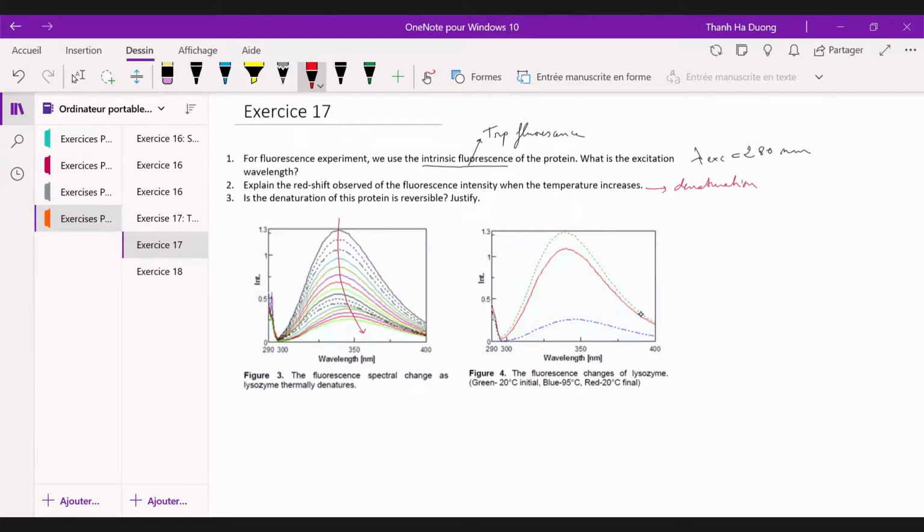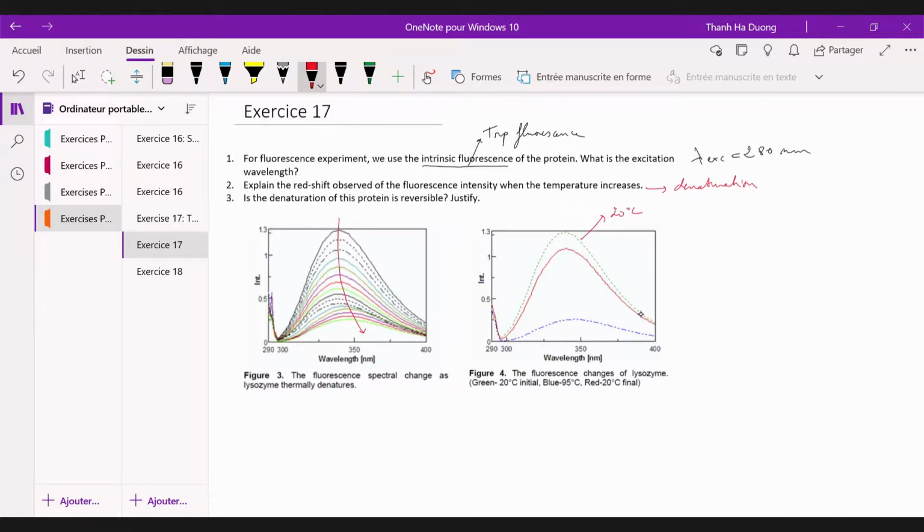Okay. The last question: is this denaturation reversible? You have the green one, which is the initial spectrum at 20 degrees. After the denaturation, you have the blue one, so we observe a decrease in the fluorescence intensity and a redshift.